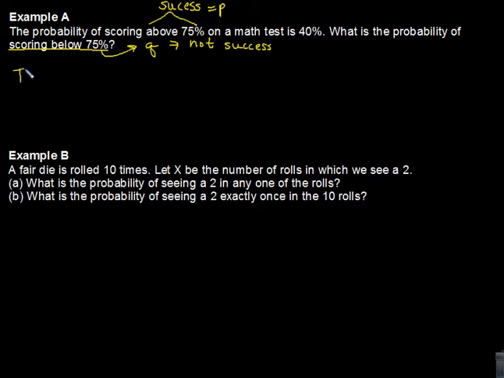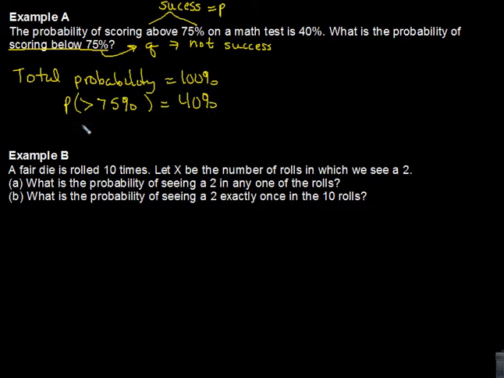Okay. So if our total probability is going to be 100%, above 75%, the probability is 40%, that means our probability of below 75% is 100 minus 40, which is 60%.